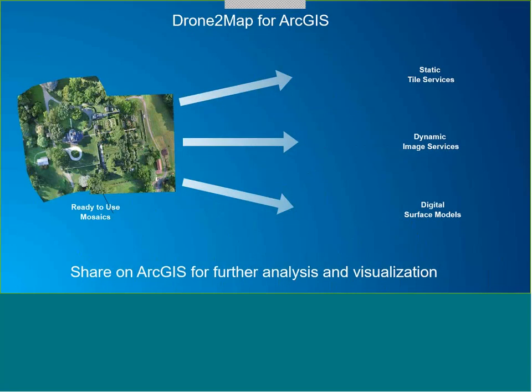They can be consumed, and we can create and view that data in your ArcGIS applications. So the Drone to Map app helps you mosaic these. You can create image services, you can create tile services if the data is large, or you can also create DSMs out of it.